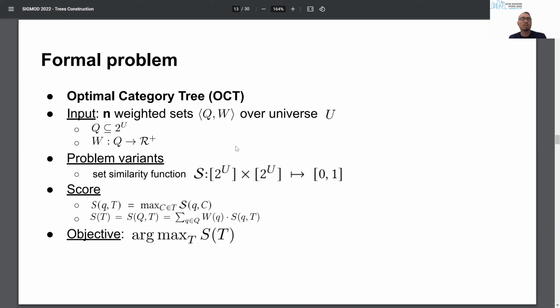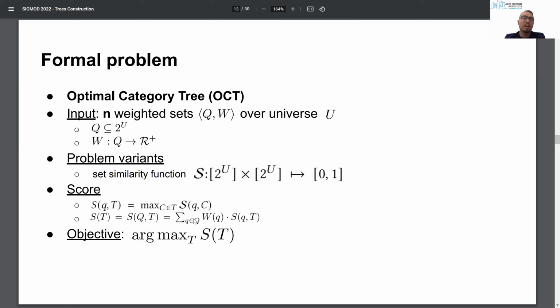So how well this tree covers the query is just the maximum between the similarity of the set of elements in the query and the specific category of the tree. So if there is a good category that covers this query, we are good. Otherwise, no. And the score of the whole tree is just the score of each query from the set of queries.